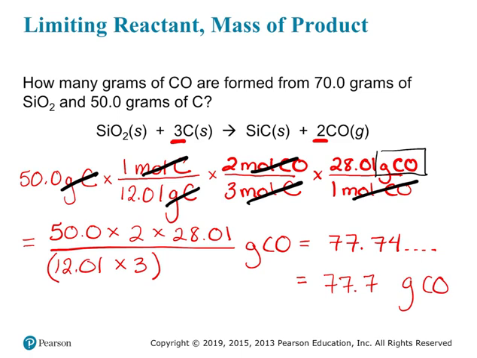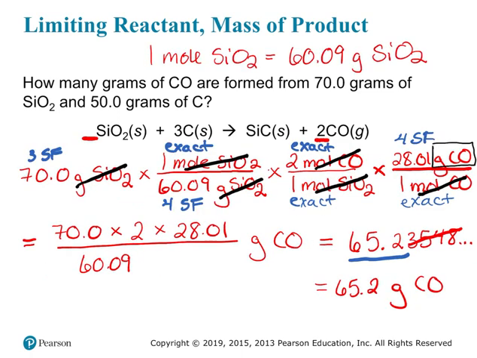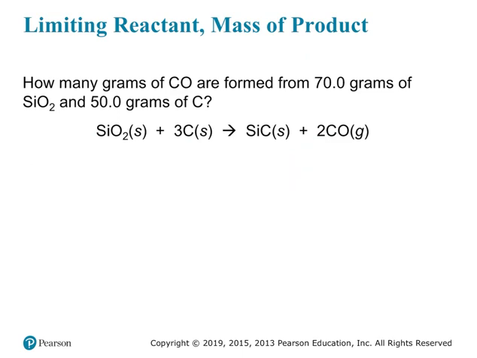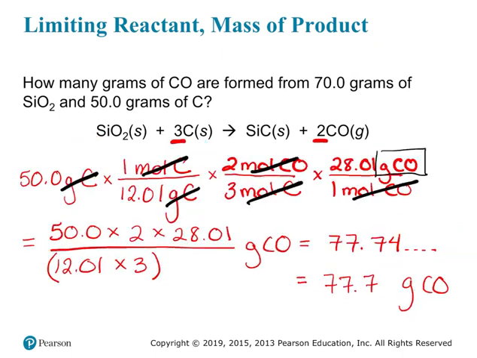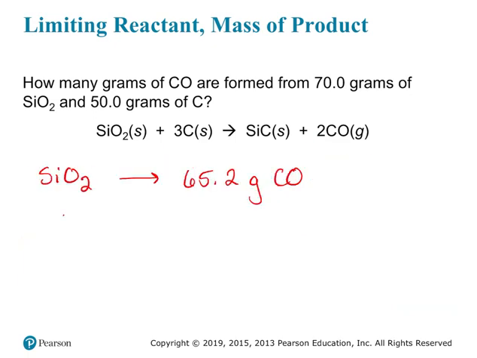Okay, so now we're going to compare that value to our previous value. All right, so previously we saw that silicon dioxide, if it all reacts, will produce 65.2 grams of carbon monoxide. So let's write that down. Did I write that correctly? Yes, okay, great. And then carbon, if it all reacts, will produce 77.7 grams of carbon monoxide.